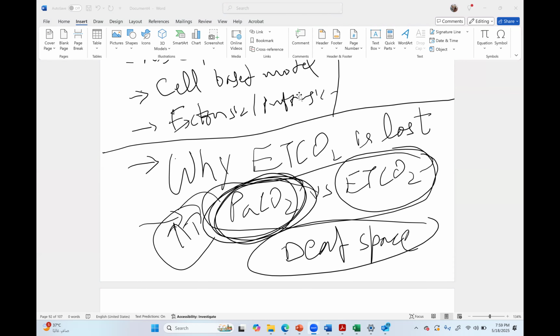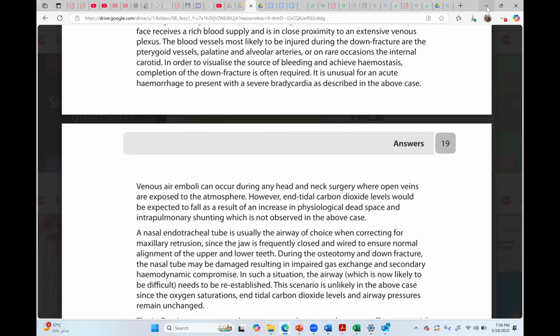Two embolisms are acute and two embolisms are subacute. What are the acute embolisms? Sir, fat embolism and amniotic fluid. If they are acute, they are subacute.